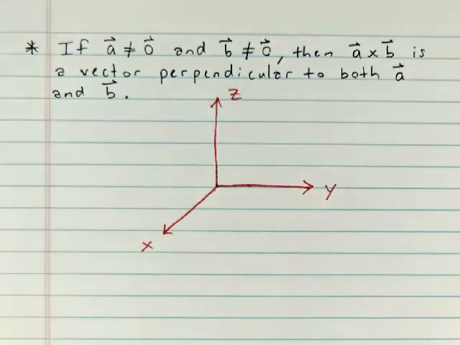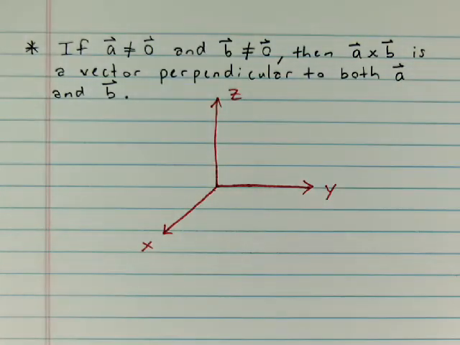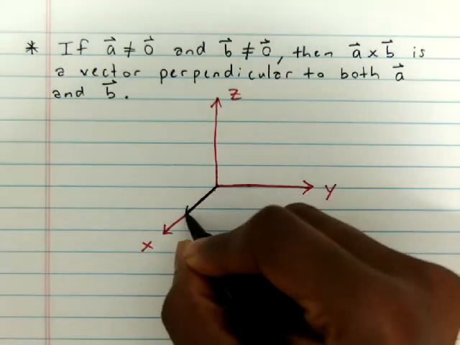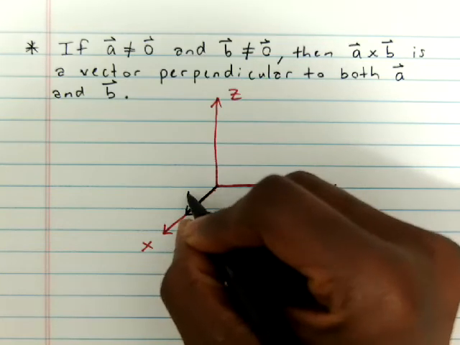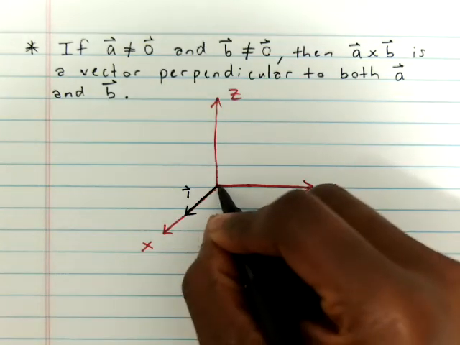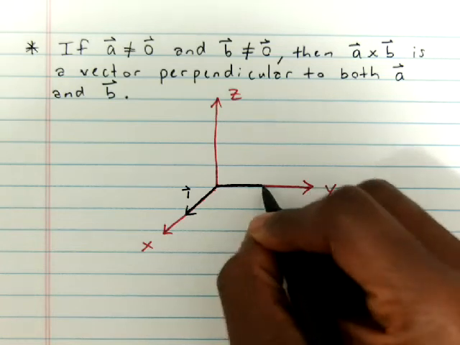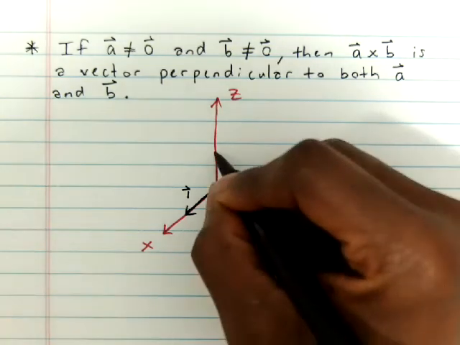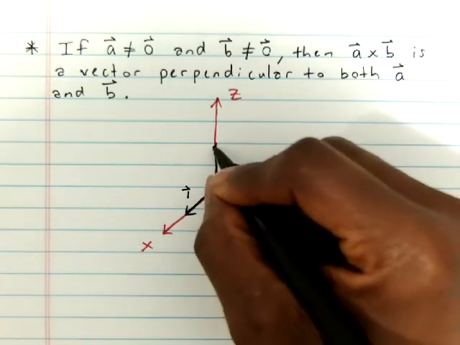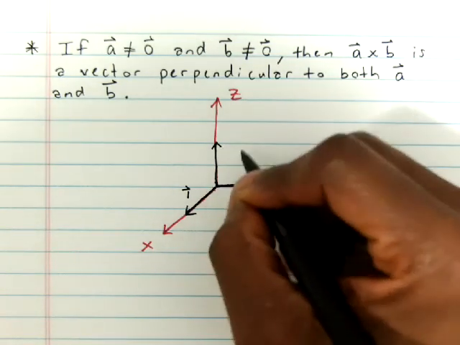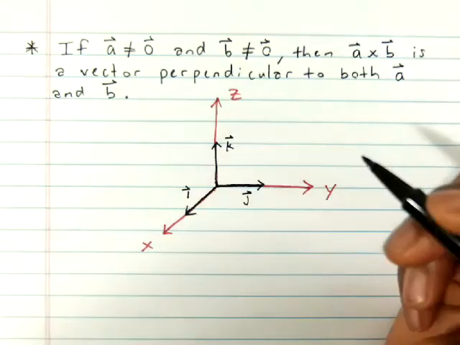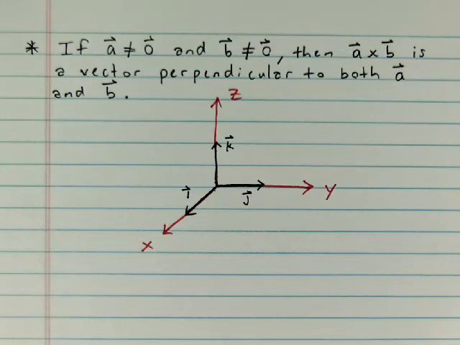Inherent in our set of coordinate axes are the important unit vectors i, j, and k. Now we don't have to do cross products with unit vectors, of course, as we weren't using unit vectors a second ago.